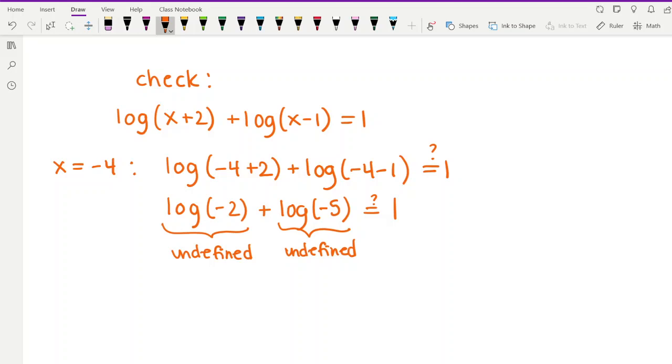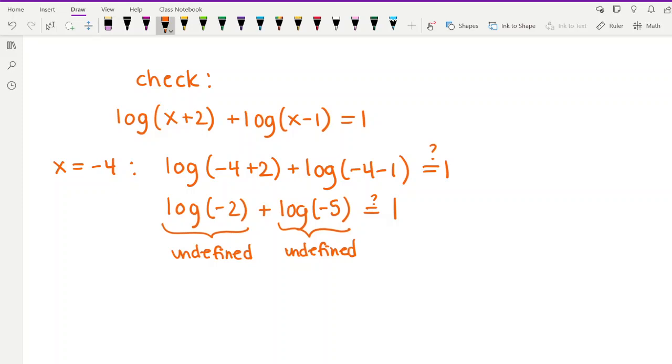Let's just pause for a second and remember what logarithms mean. What does log of -2 mean? Log of -2 is equal to an exponent, right? It's the exponent that you would need to raise 10 to get -2. That's the definition of log of -2. And there is no such number, right?